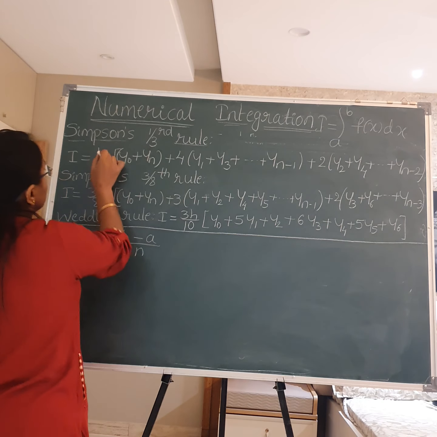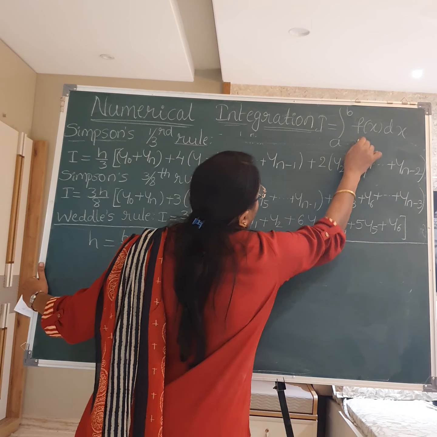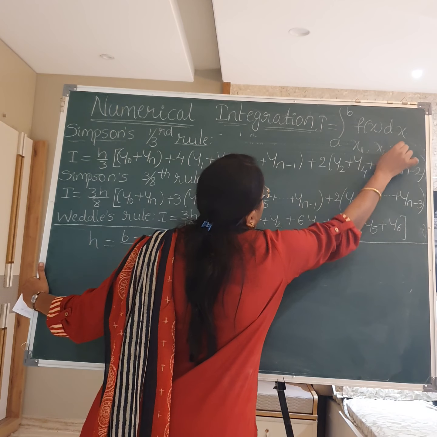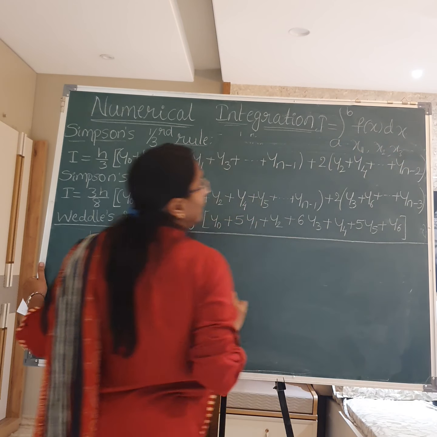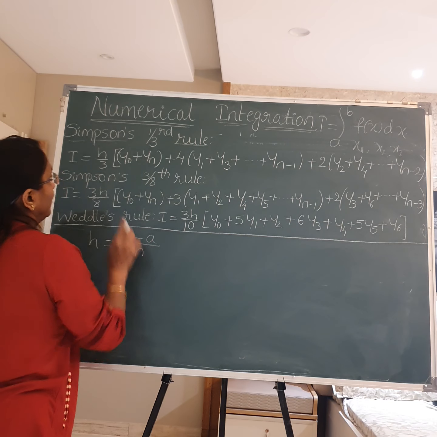All the x i's, x1, x2, x3, are at a definite interval, that is h, which is definite: (b minus a) by n.